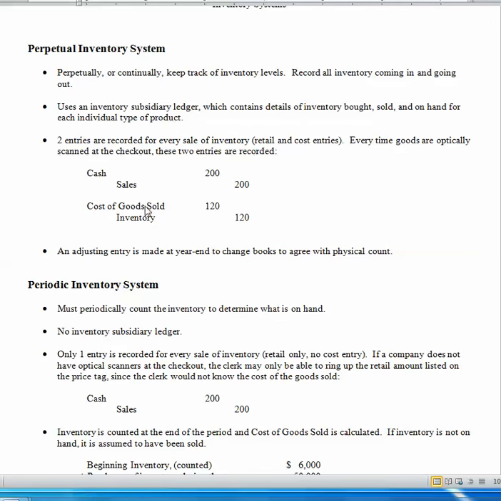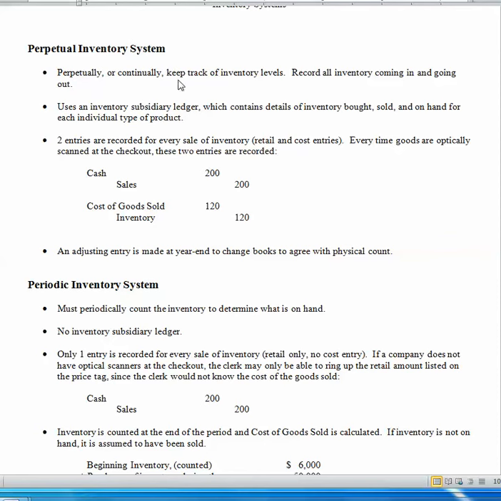And every time they sell it, every time it goes out the door at the checkout, it comes off of that page. So if companies are keeping track of what they're buying and the exact items going out the door, then their computer system is able to keep track of how much inventory they supposedly have on hand of every single different type of product that they have.